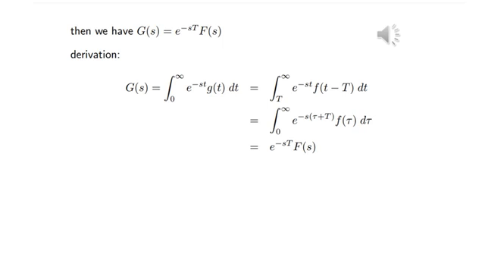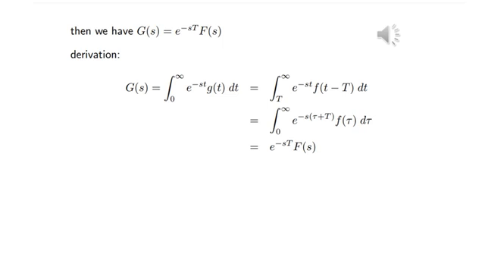Now, as I said in the previous slide, translation in the time domain is changed into rotation in the S domain, and this slide confirms that. The rotation is e raised to the power minus s capital T, and the translation in the time domain is f of t minus capital T. The duality principle says that time domain translation changes into rotation in the frequency domain, and rotation in the time domain changes into translation in the frequency domain.